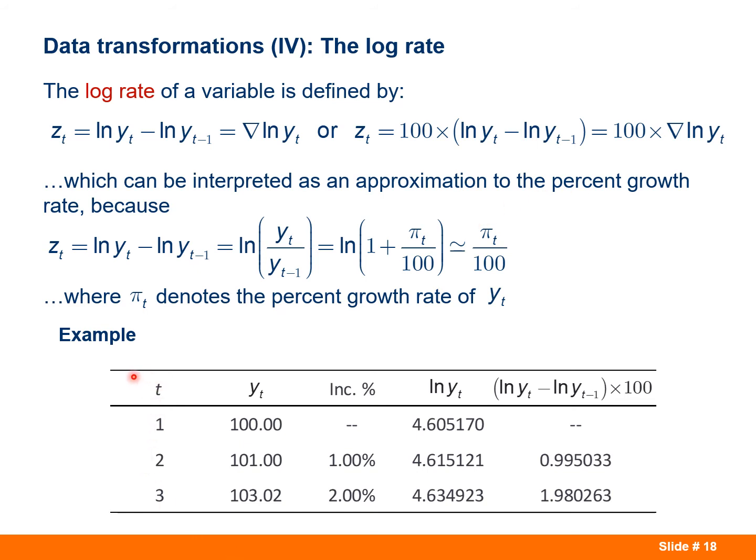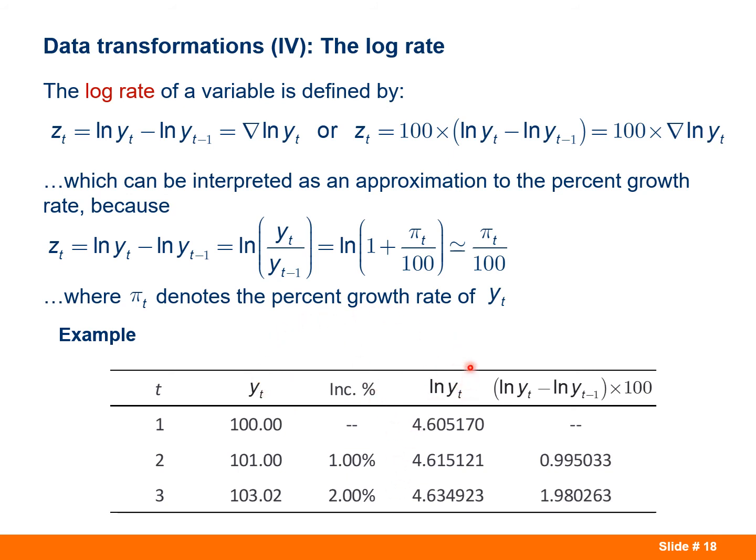Let's see an example. We have t equal to 1, 2, 3. Yt is equal to 100, 101, 103. I've chosen these values to show that the growth rate from t equal 1 to t equal 2 is 1%, and the growth rate from t equal 2 to t equal 3 is 2%. Now the natural logs of yt are these values.